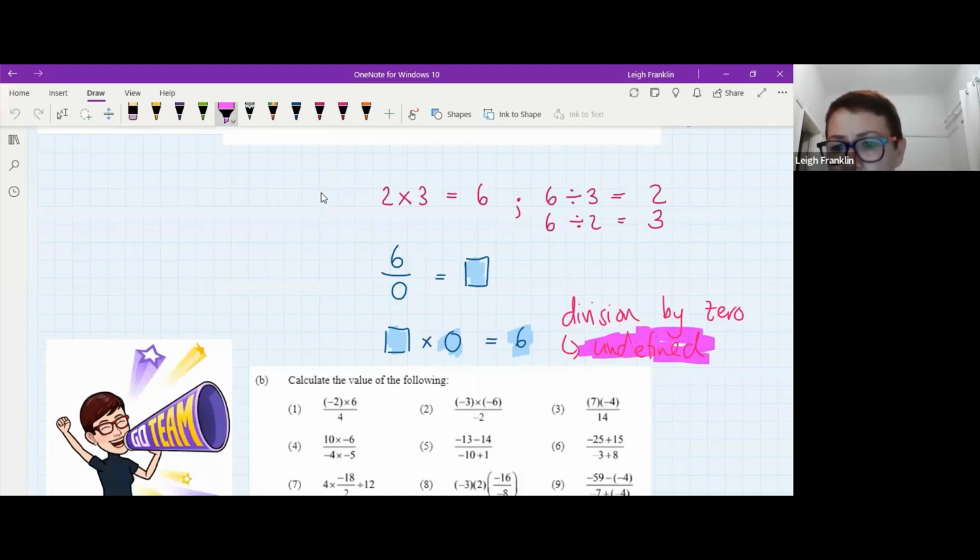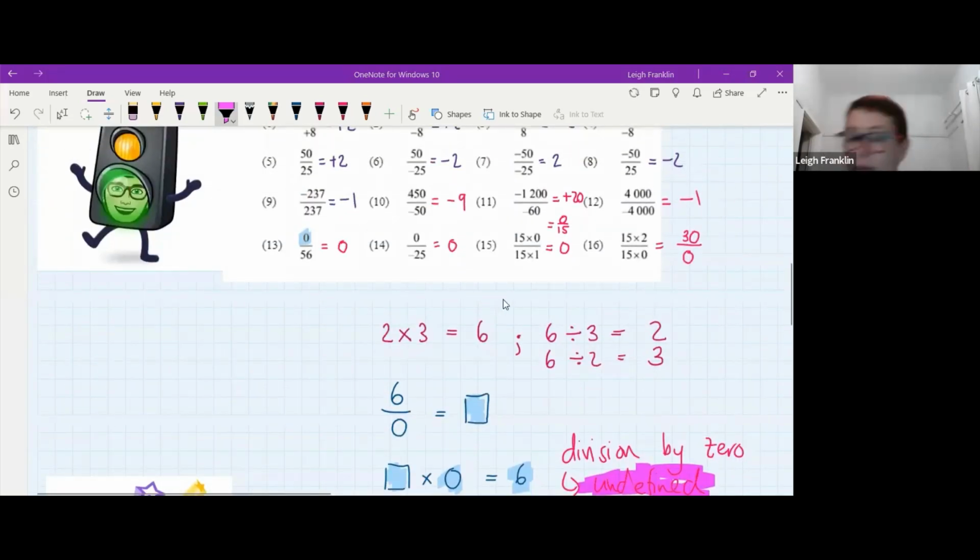So if we have a look at this question over here in number 16, we have division by 0, and we need to say that therefore our answer would be undefined.